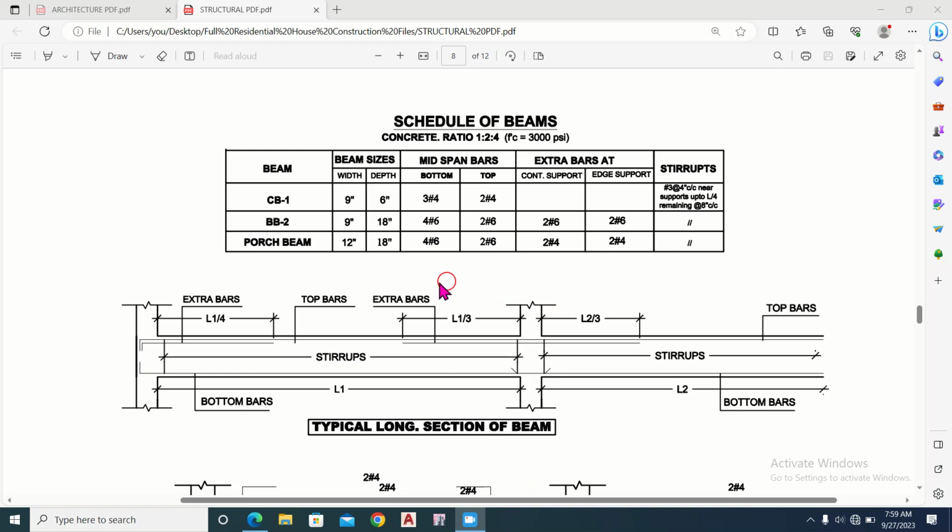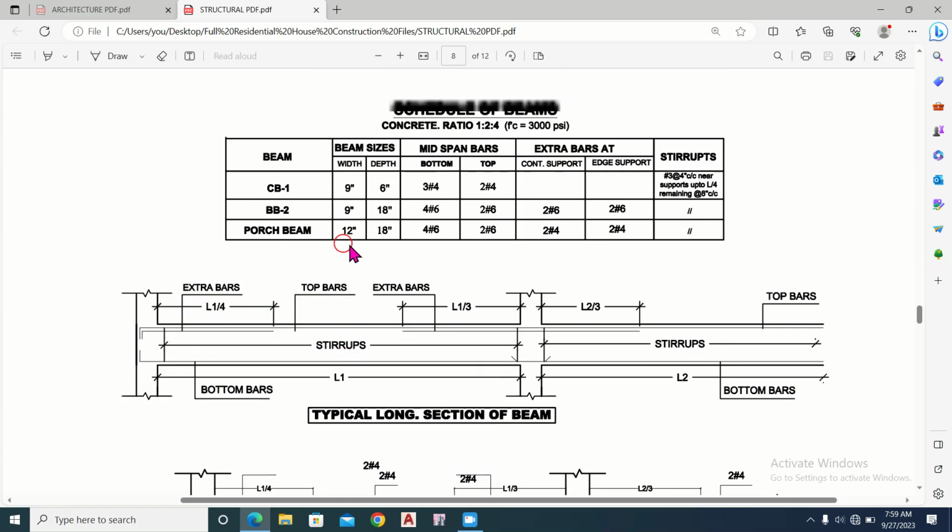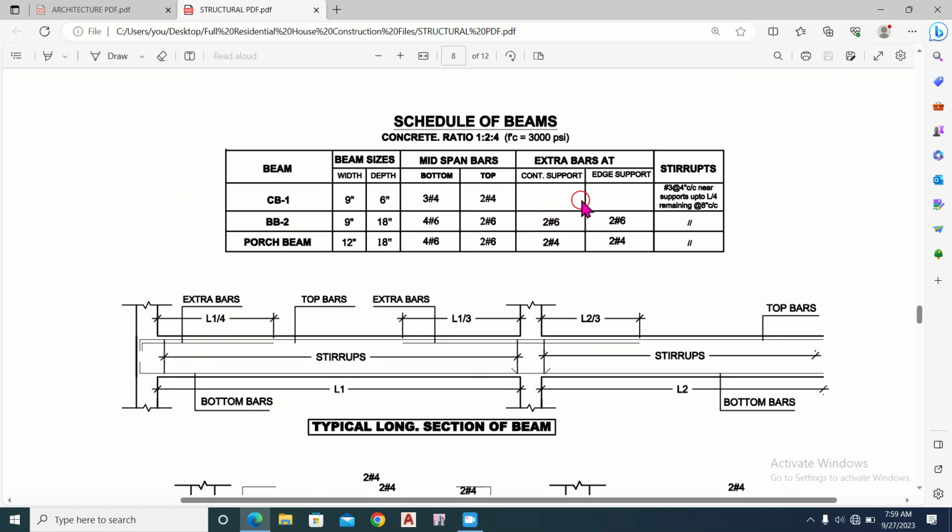So now we have to proceed to the long section of the beam. So this is the long section of this main beam B2. Here these are the extra top bars, this one, the extra top bar at the edge.